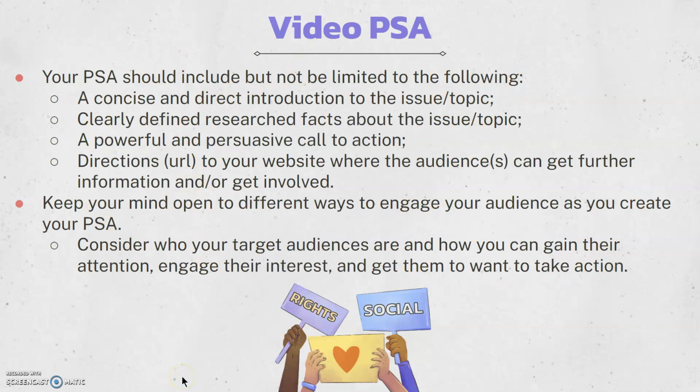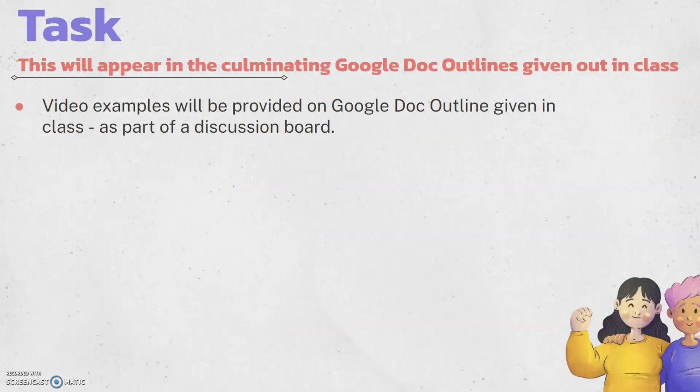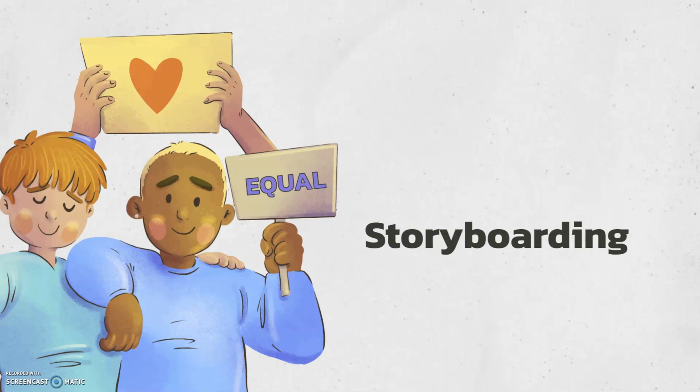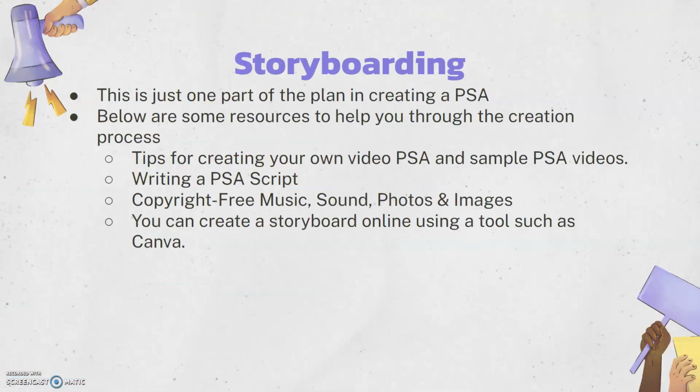And you want to keep in mind that you should have an open mind to different ways to engage your audience as you create your PSA. Once again, video examples of what a PSA should look like are provided on the Google Doc outline. Storyboarding can be super helpful when creating a successful PSA.